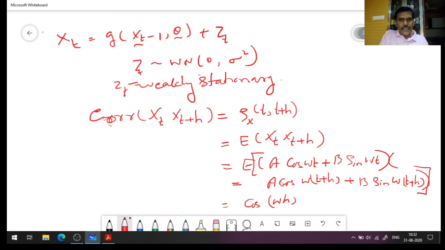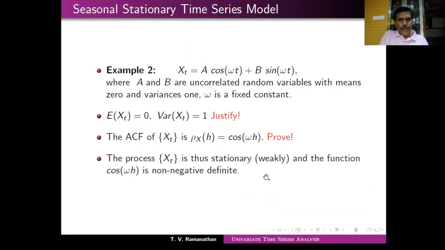You can see that this is the difference of time points, and that's why this is cos omega h. So it's stationary.